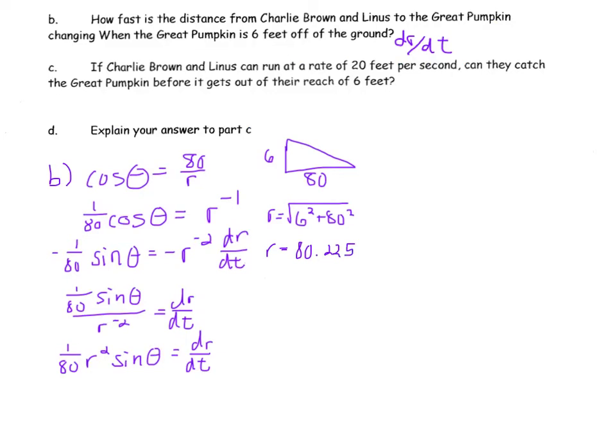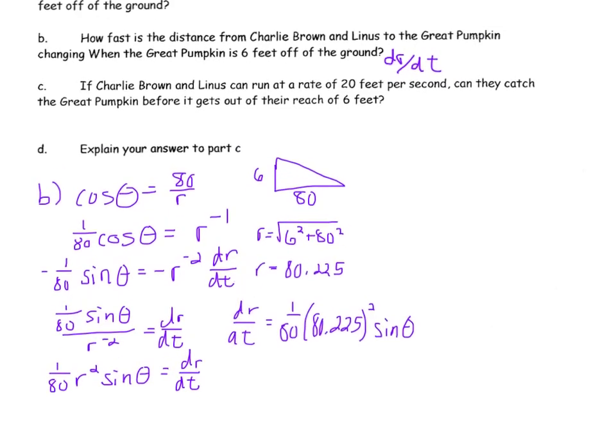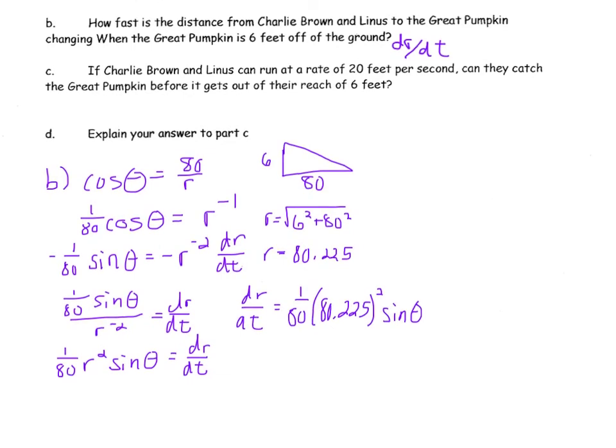So now I know that dr dt is going to be 1 over 80 times 80.225 squared times the sine of theta, which is 0.07486.